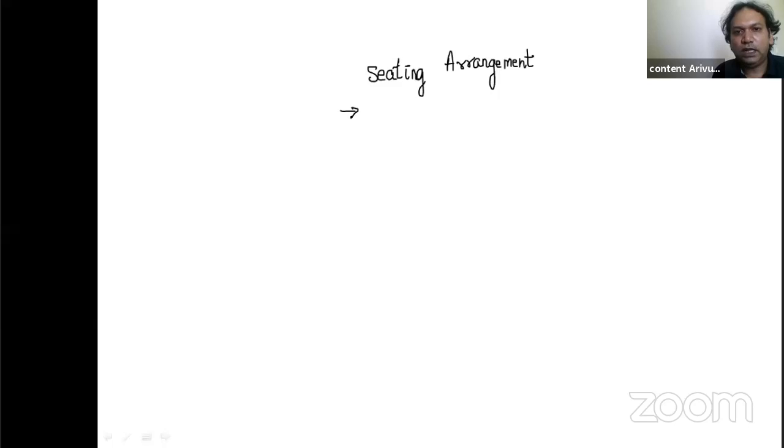One is linear seating arrangement, and one is circular. Under linear, we have a subtype, and that is when there are two rows. People are seated in two rows.